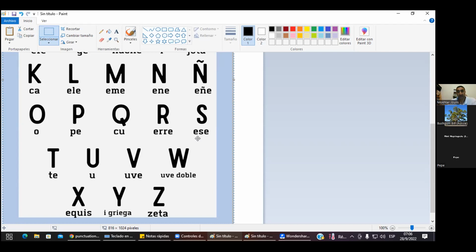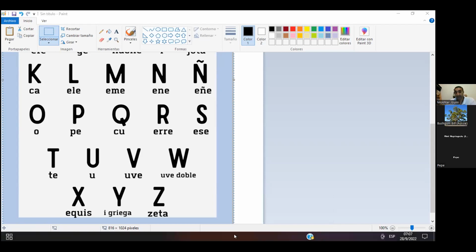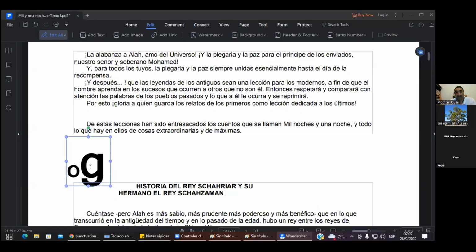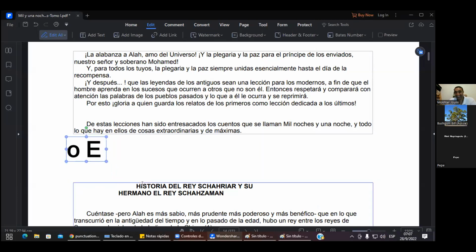With the vowels it will be sa, se, si, so, su. Exactly, that's correct. You use it in words like España, and El Salvador.